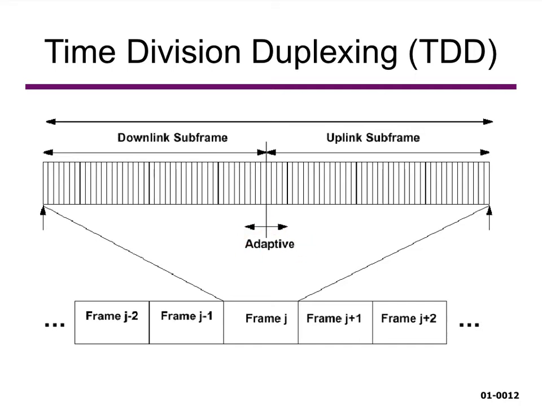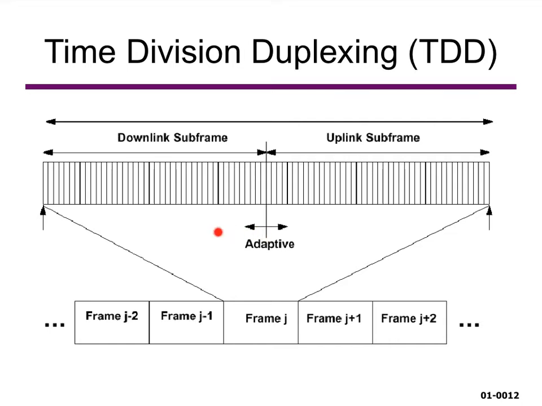The word adaptive here indicates that the duration of the subframe for downlink and uplink can change in size, for example, to provide quality of service or to provide asymmetric communication, like ADSL that we used to use at home, where the download part is more than the upload, which follows the common paradigm of clients that usually download more frequently than they upload, as a server would.